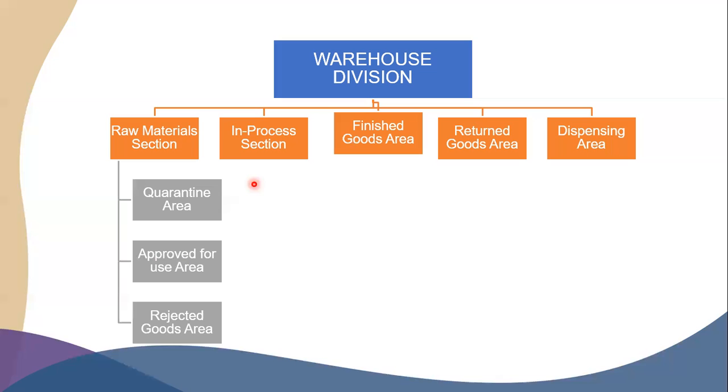Then you also have your in-process section, your finished goods area, then return goods area as well as dispensing area. Dito naman kasi sa return goods area class, this is when in the customer side, pinapabalik na yung mga products na let's say expired or may mga defects na, may mga sira.